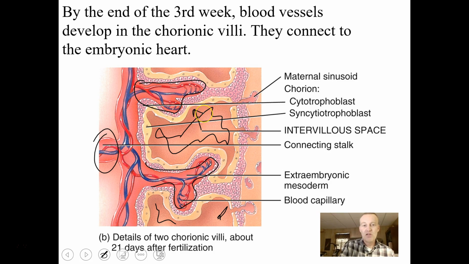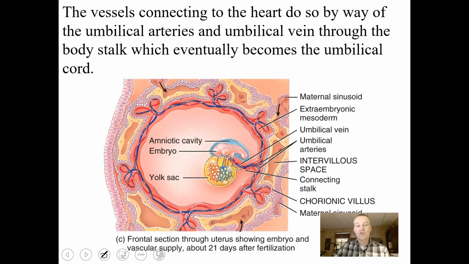Mother's blood cells don't go into baby circulation. There are tissues that divide those things. But the nourishment from mother's blood will go into those blood vessels and go back to the embryo to nourish the embryo. The vessels connecting to the heart do so by way of the umbilical arteries and the umbilical vein through the body stalk, which eventually becomes the umbilical cord.